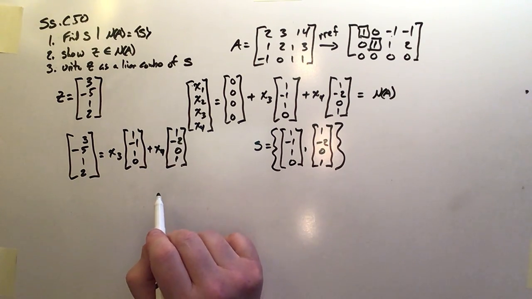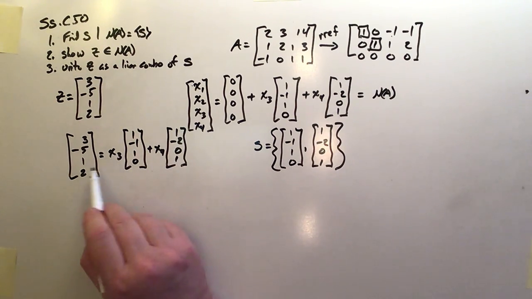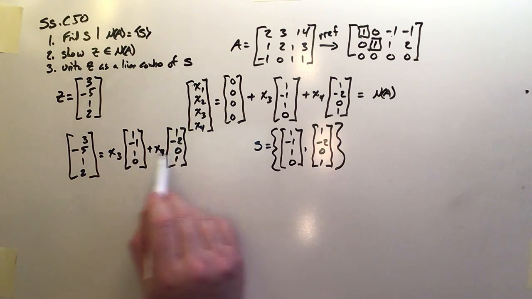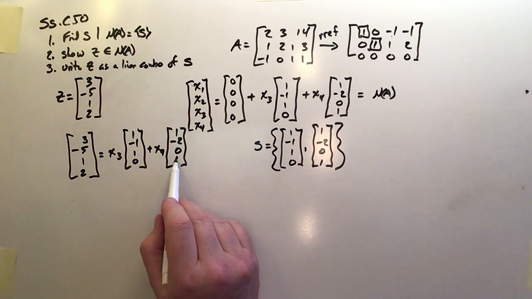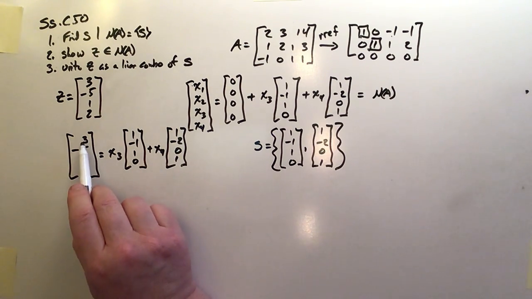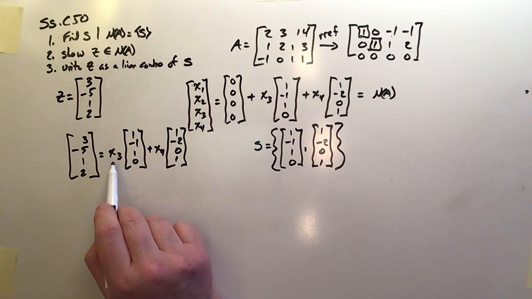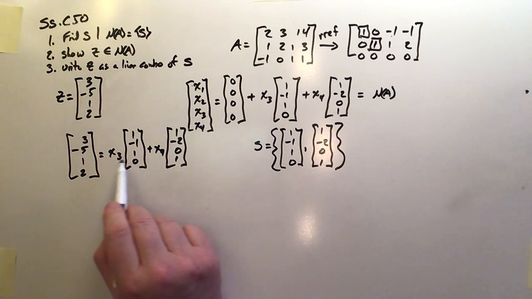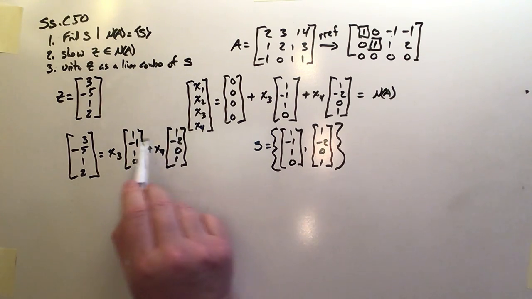And of course, it's not too hard to see. x3 has to be 1. There it is right there. And x4 has to be 2. And then we check, is 3 equal to, again, x3 equal to 1 and x4 equal to 2, is it equal to 2 plus 1? Yes.